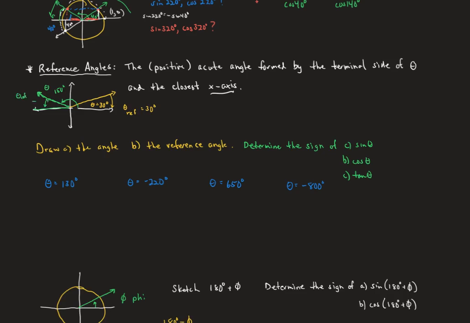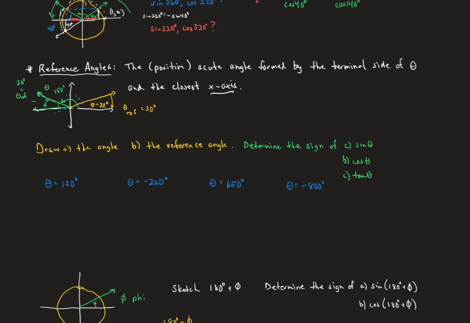Since this angle all the way to the negative x-axis is 180, it's going to be 180 minus 150, which is a 30-degree angle. So remember, reference angles are always positive and always acute and always go to the nearest x-axis. Never, ever, ever do they go to the y-axis.